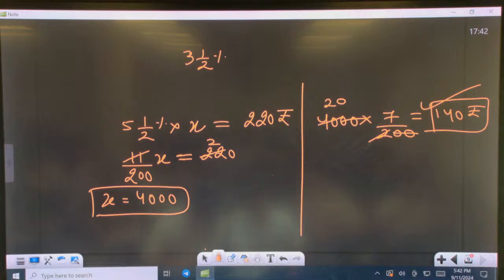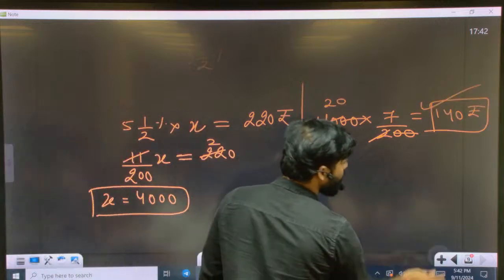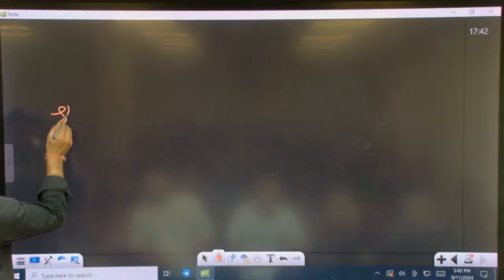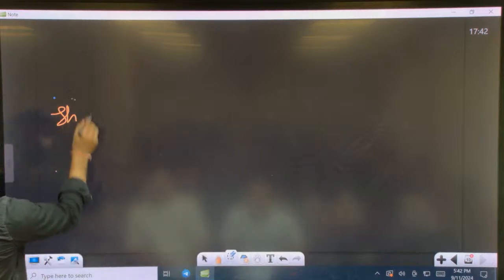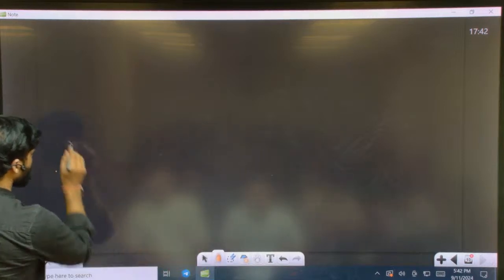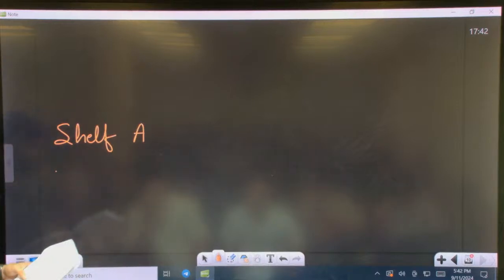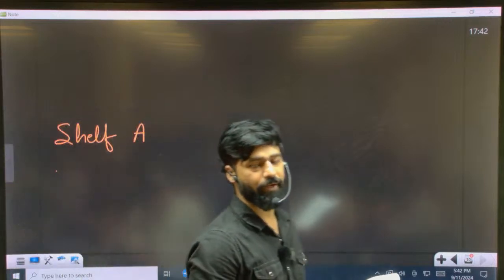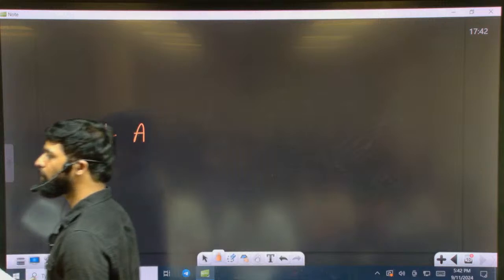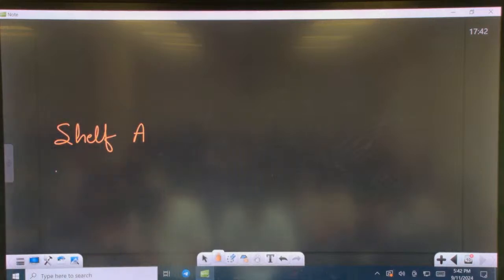Okay, write one more question. Don't worry. Now, the next question is, I'm giving you one more very simple question. Shelf A has 4 by 5 of the number of books that shelf B has.